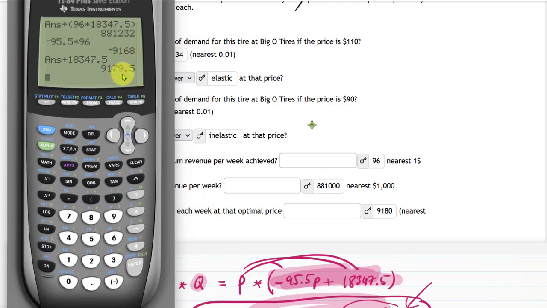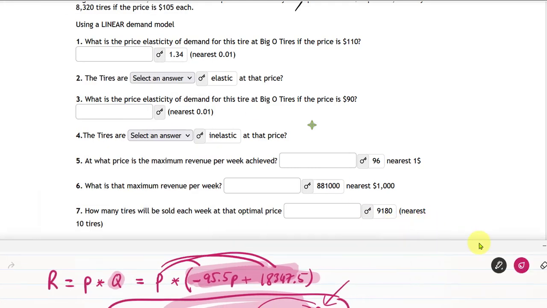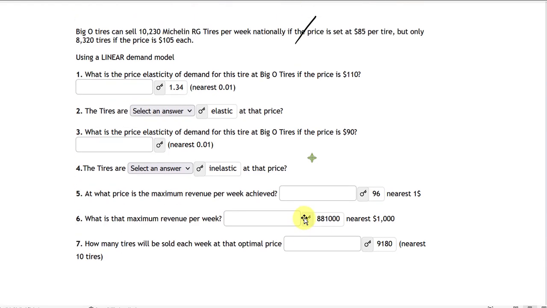So 9189.5, we round to 9180, because 9 is bigger than 5. So 9180. And that is how you answer this question. It's a long question. It has 7 small parts here.